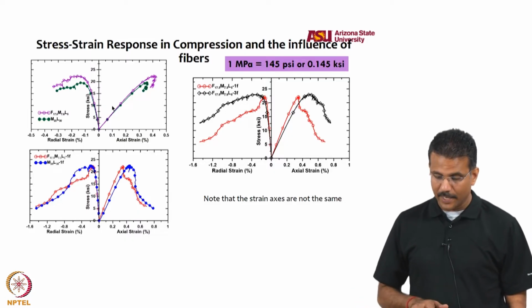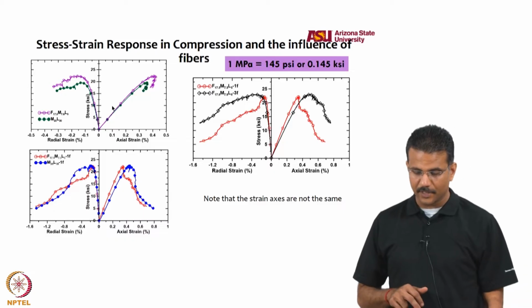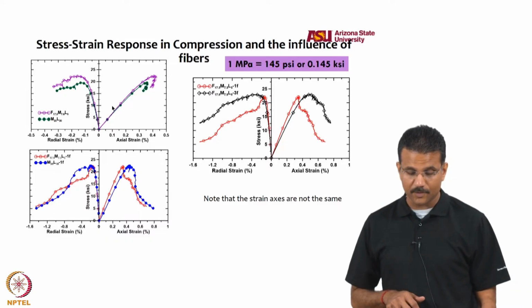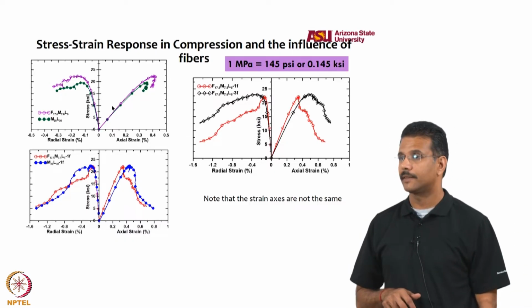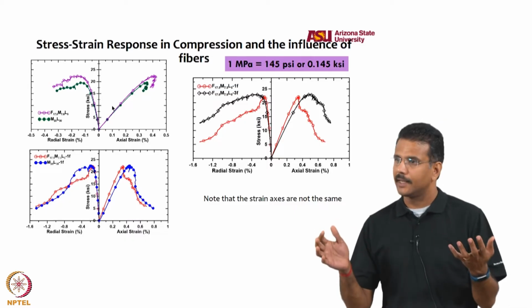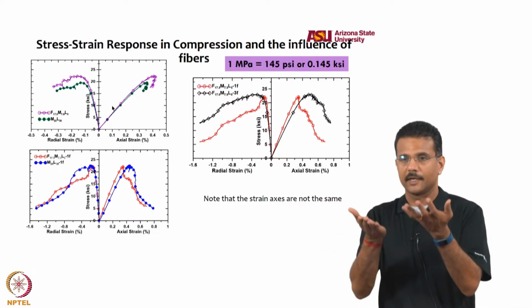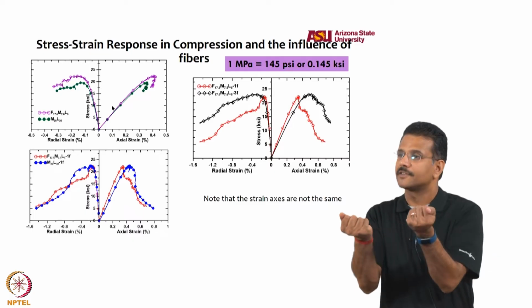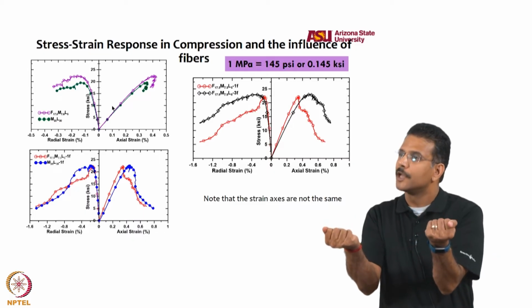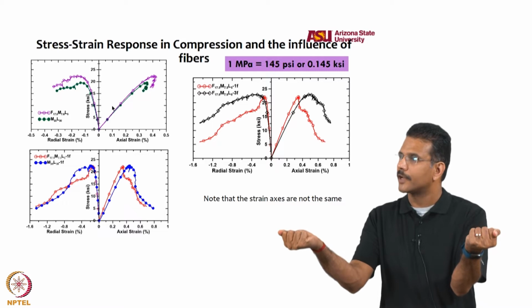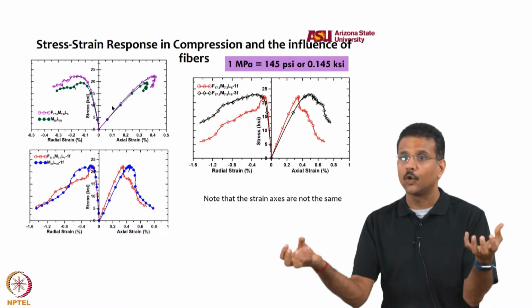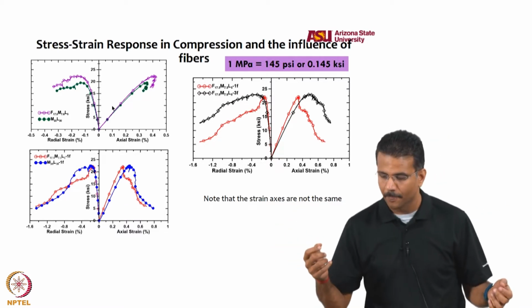The radial strain, if you look at the left bottom picture, has significantly increased with increase in fibers. Very easy to explain, because if you push in compression, because the fibers are confining the movement, you can have much more radial strain without failure, because fibers are holding and bridging the cracks and all of that.